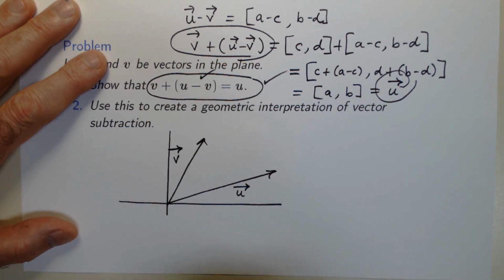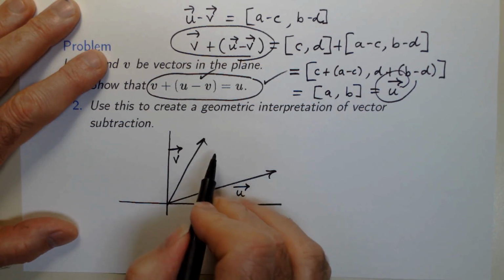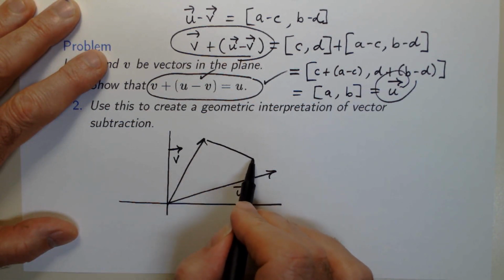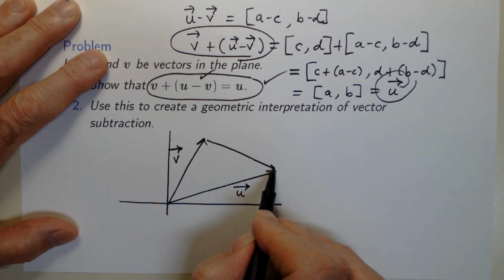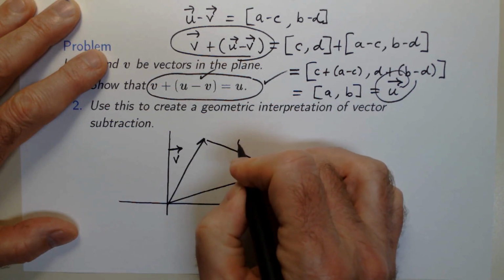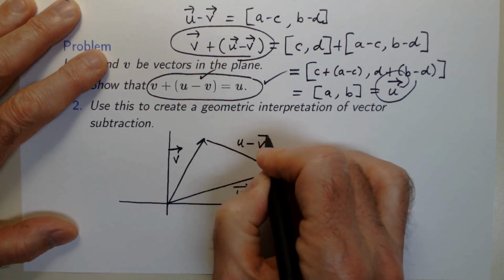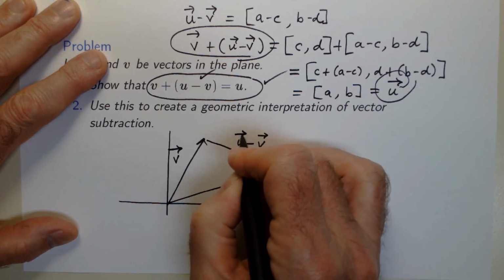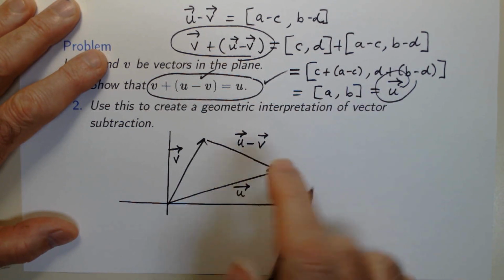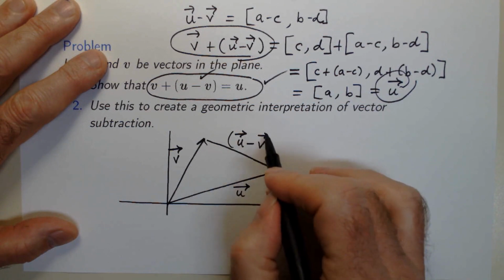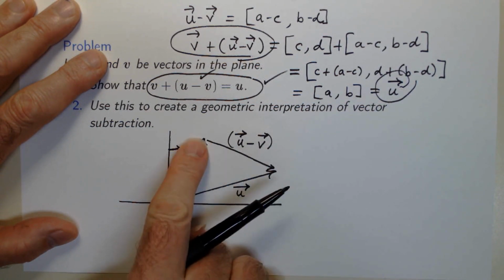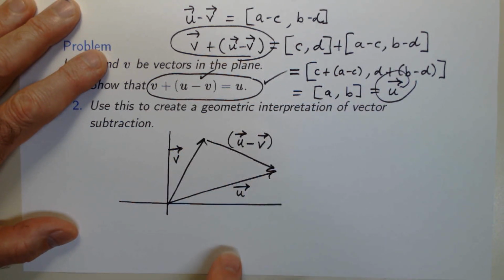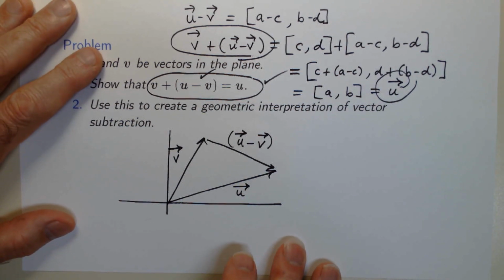So a way to see vector subtraction is to imagine this vector. So we can think of u minus v as the vector that I can add on to v that gets me to u. So there's our image of vector subtraction.